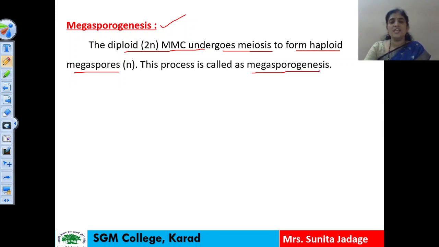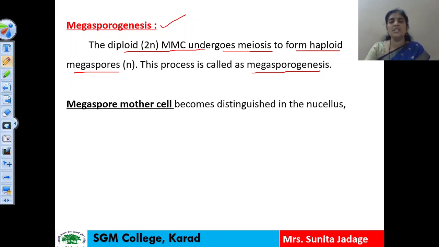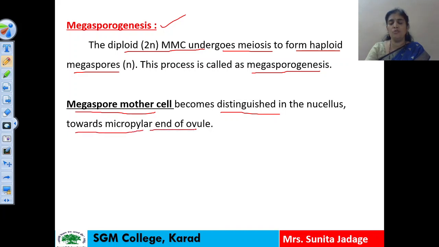The megaspore mother cell is formed in the nucellar region, which means the cells present in the nucellus are distinguished into the megaspore mother cells, and these cells are present towards the micropylar end of the ovule. Inside the nucellus, the cell at the micropylar end functions as the megaspore mother cell, and in that the developmental processes take place.